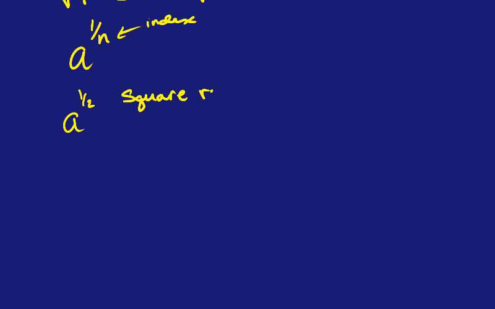Let's go with a raised to the 1 over n. n is what we call the index. So if you had a to the 1 over 2, that's the same as a square root, because the index is 2.